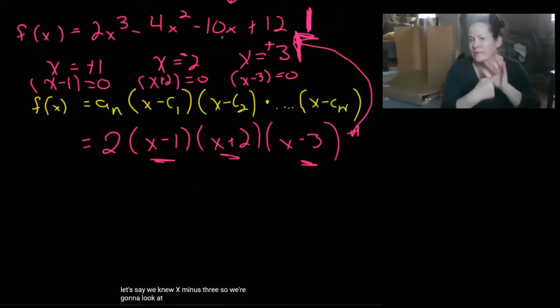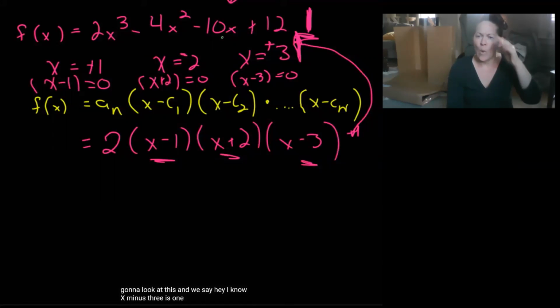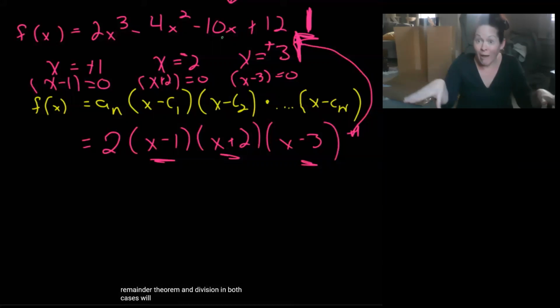So we're going to look at this and say, hey, I know x minus 3 is one of the factors. So I should be able to test this by using the remainder theorem and division. In both cases, we'll get division.